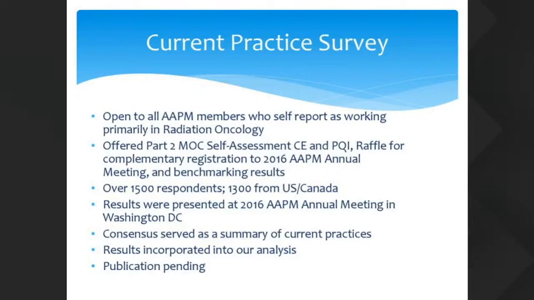We decided not to include any other non-US or Canada medical physicists because they're not necessarily following the same guidelines and regulations that we have in the United States. So I'll discuss some of these results later on, but definitely look for the publication later on this year because it is pending publication.